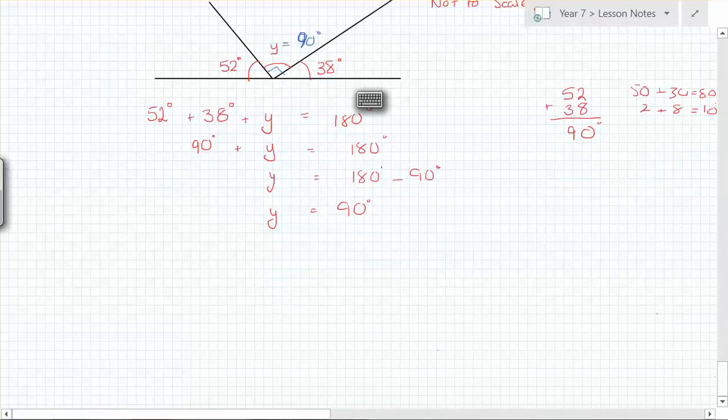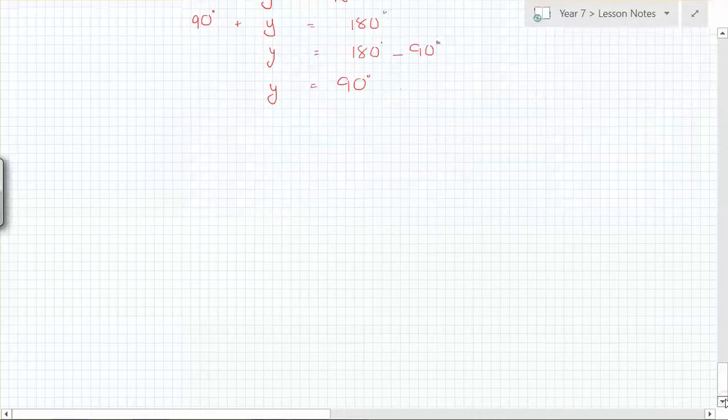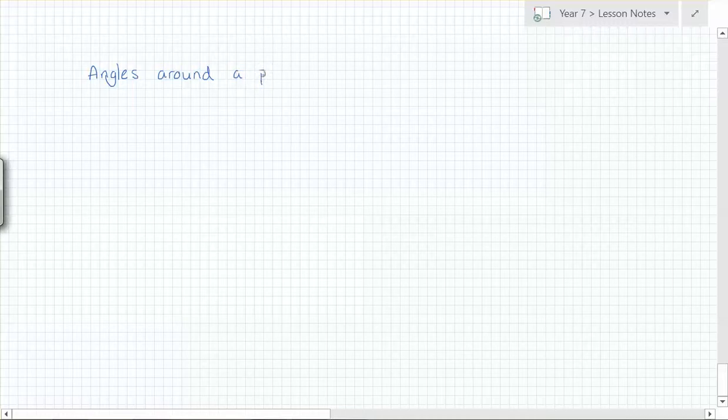We've done angles on a line. The next thing in our objective was to be able to calculate angles around a point.